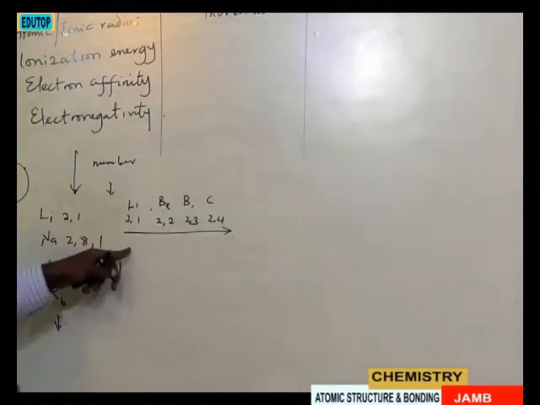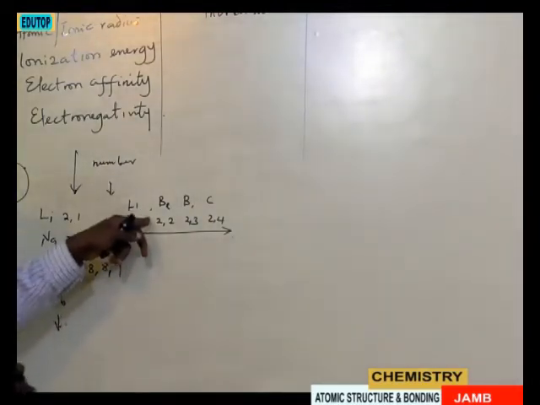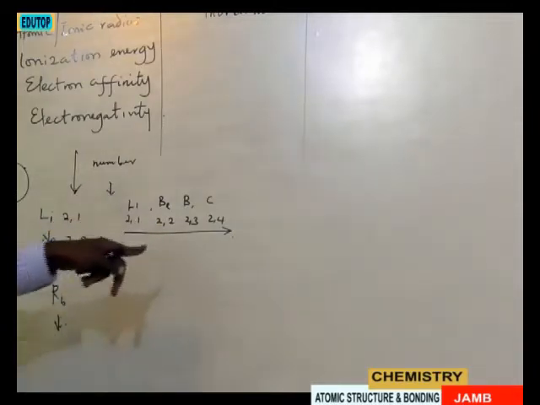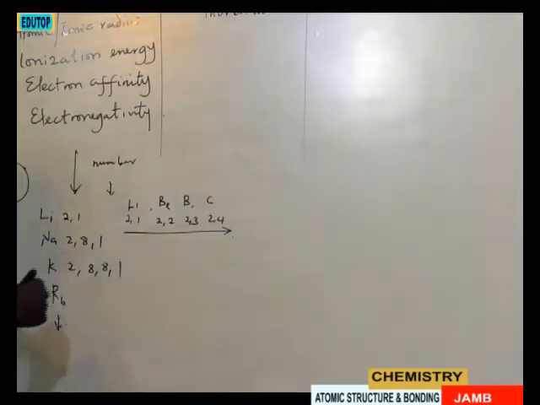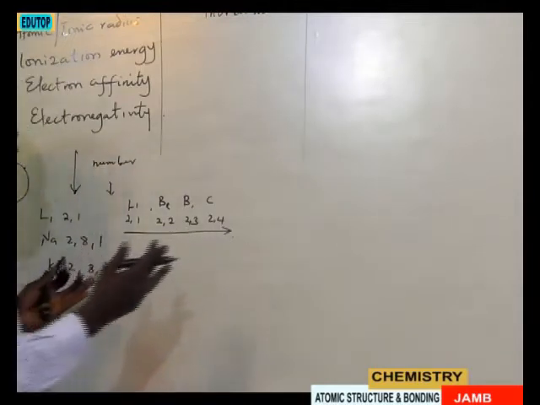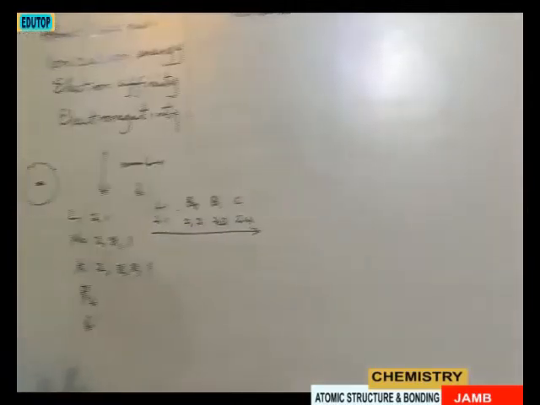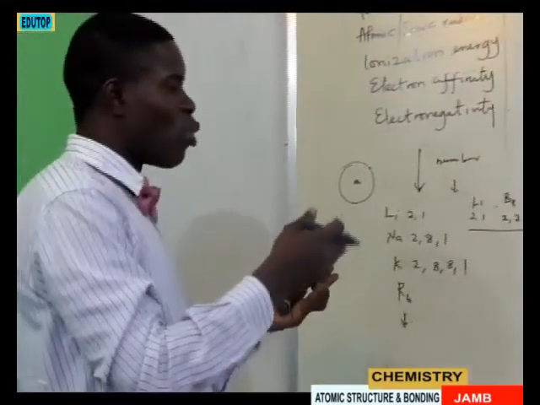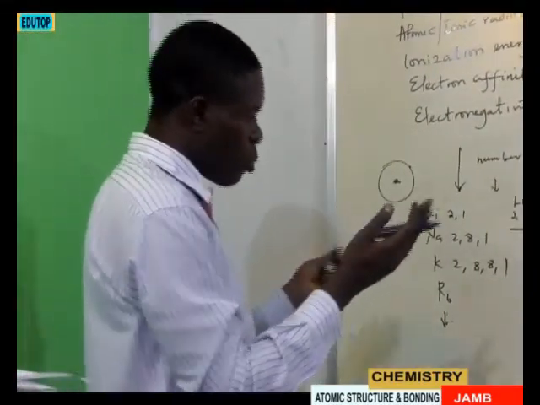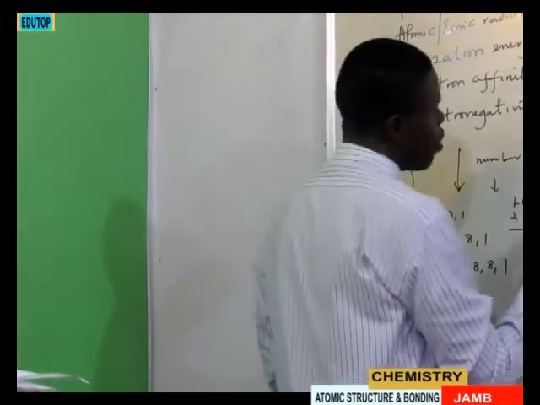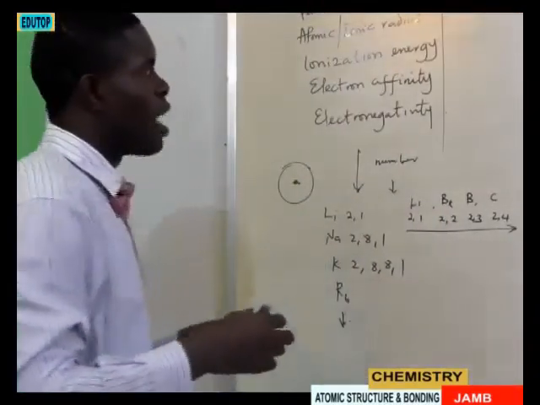So as you are adding protons, you are also adding electrons simultaneously. So what happens to the size? Then there will be what? A contraction. Because the distance between the positively charged nucleus and the electron becomes what? Closer or smaller. So the distance is now what?